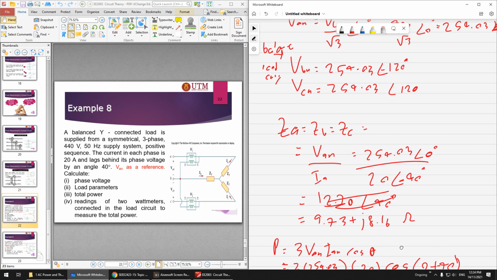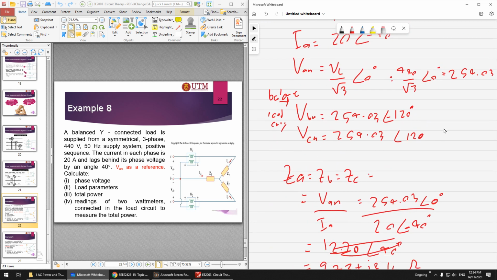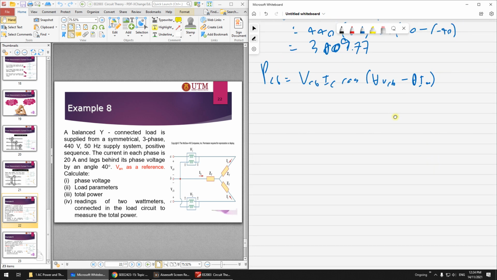Where is I_C? Oh, I don't show it. Let me move this. So I_C is basically 20 ampere angle 120 minus 40. So 20 angle 80. Remember this is lagging 40 degree. So I_C 120 minus 40 degree.